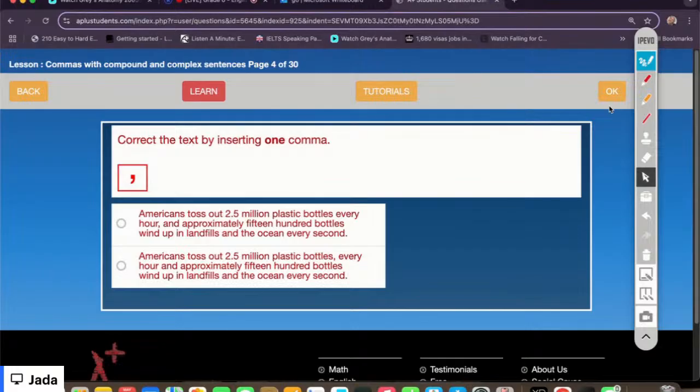Okay, so Americans toss out 2.5 million plastic bottles every hour, and approximately 1,500 bottles wind up in landfills and the ocean every second. Insert one comma, first or second.